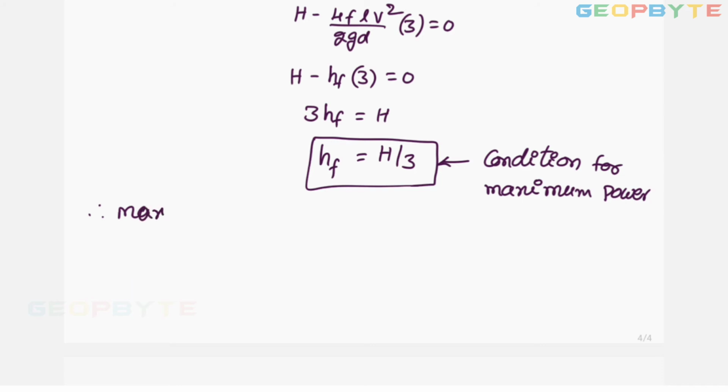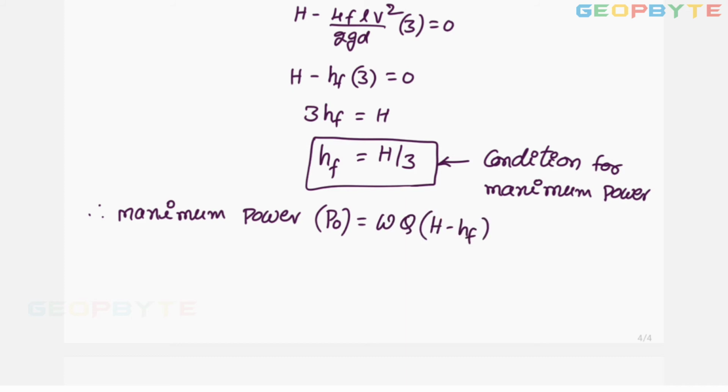So maximum power, P naught equal to the formula WQ into capital H minus HF. It is equal to W into Q into capital H minus HF, where HF equals H by 3.